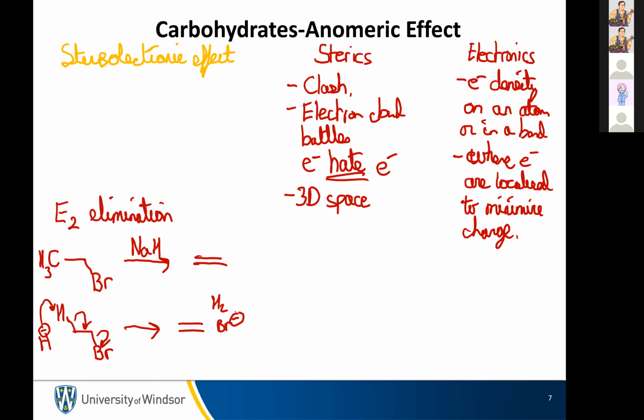So, okay, there are no stereoelectronics here at all yet. Is there anything that we need to know about the relative orientation of the hydrogen and bromine for this to work? Does it matter how they're oriented?